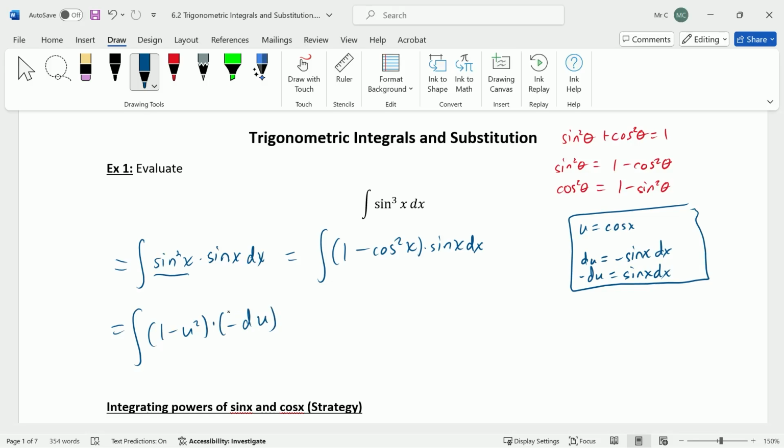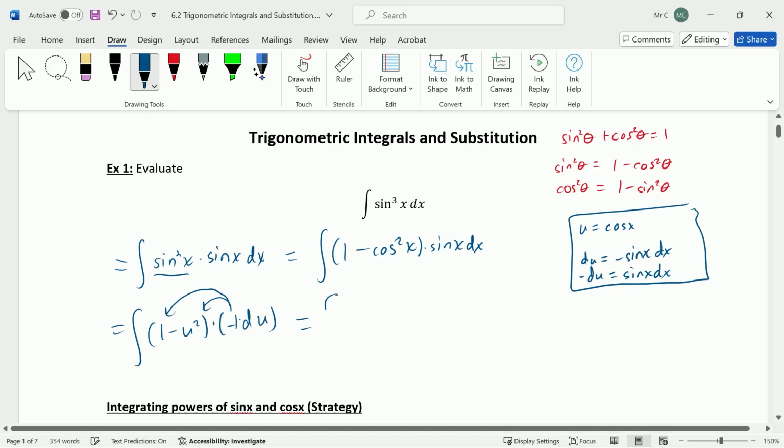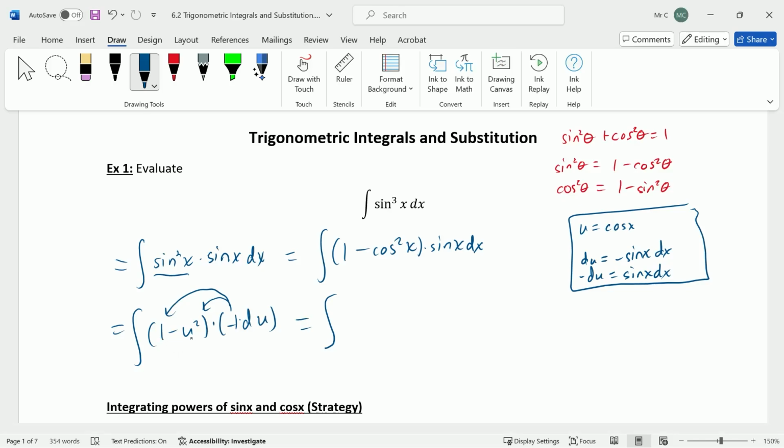Now, of course, when I write negative du, I really mean negative 1 du, and I can distribute that 1 across these terms. And then the negative u squared becomes a positive u squared, and the positive 1 becomes a negative 1, so I'll rewrite this as u squared minus 1 du.